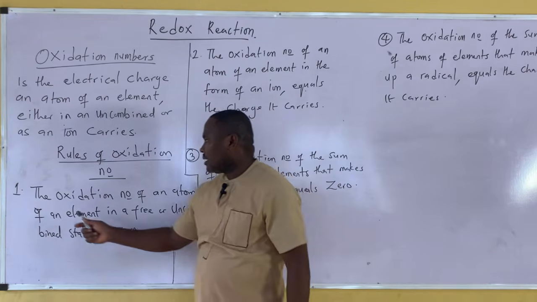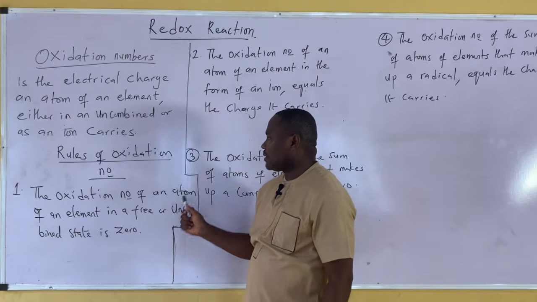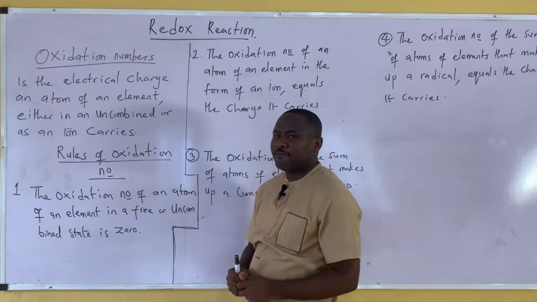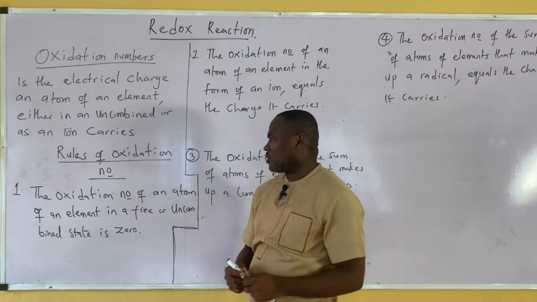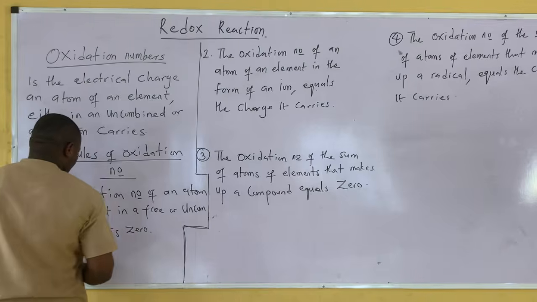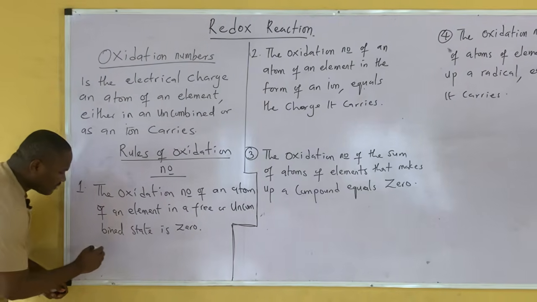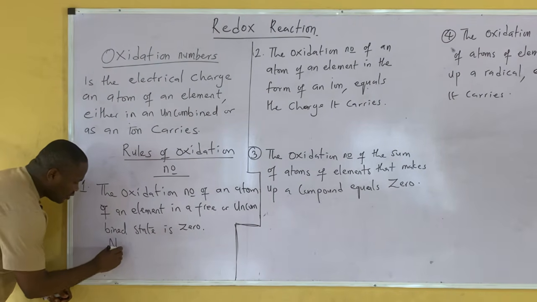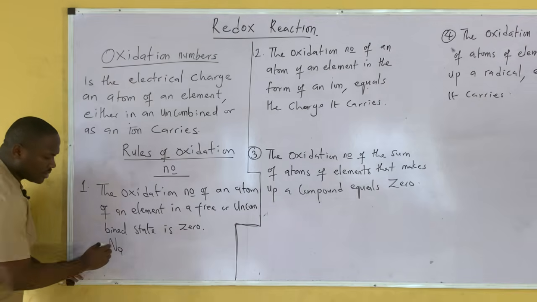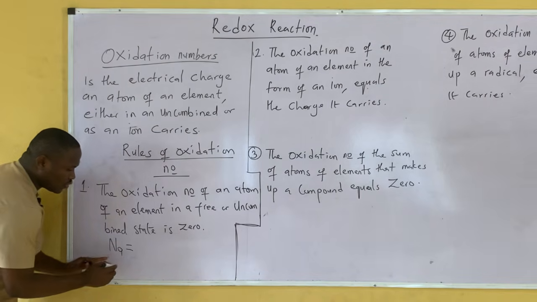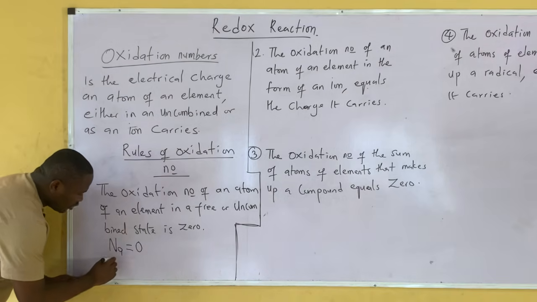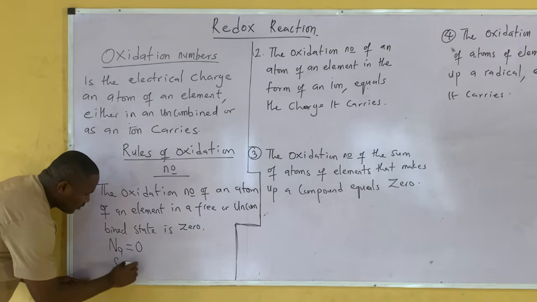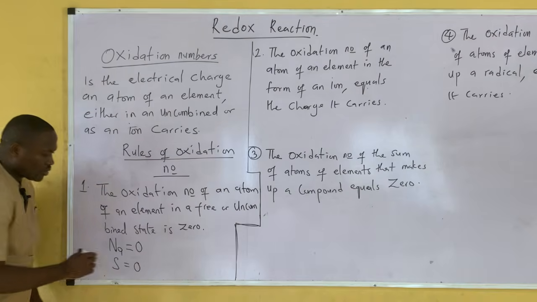We said that the oxidation number of an atom of an element in a free or uncombined state equals 0. What does that mean? It means that if I have something like sodium, the oxidation number of sodium existing like this is 0. Oxidation number of sulfur is 0.